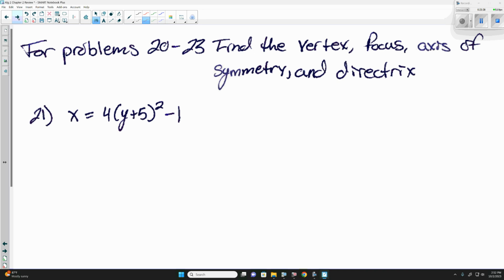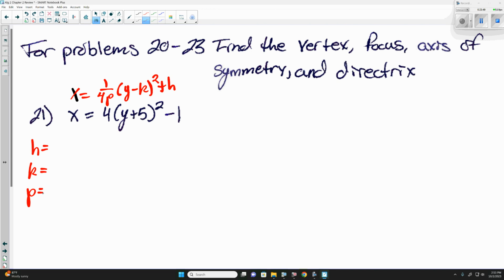Now this one here we start off with x equals. So in the general form, x equals 1 over 4p times y minus k squared plus h. So we need to find the values of h, k, and p. Where's h? Oh, it's the opposite.